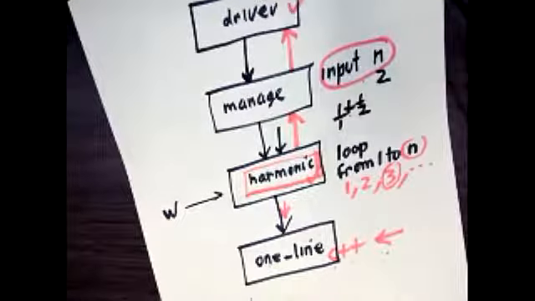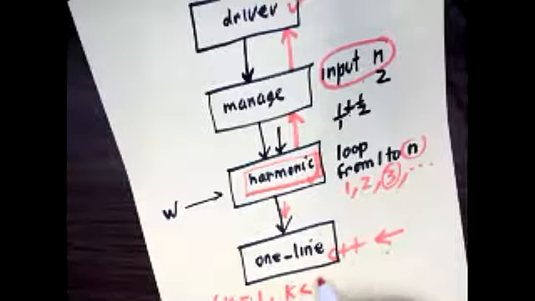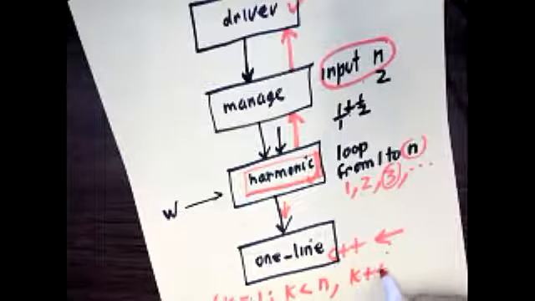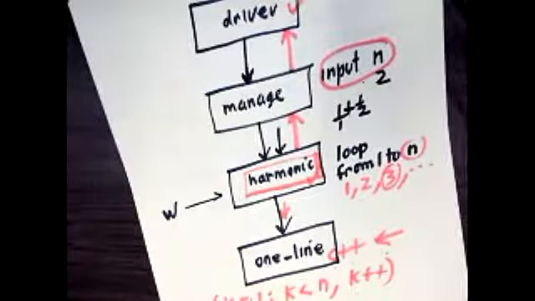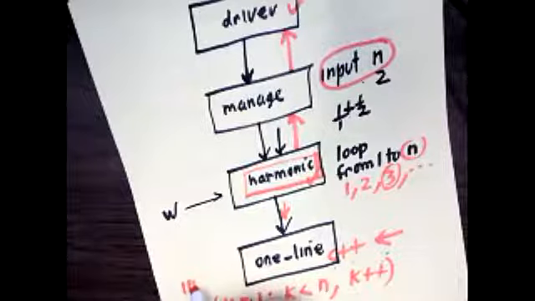So if you're running this one for k equals 1, k less than n, k plus plus, then in the body here, you have to find out, let me declare R for remainder, R equals k percent 75.